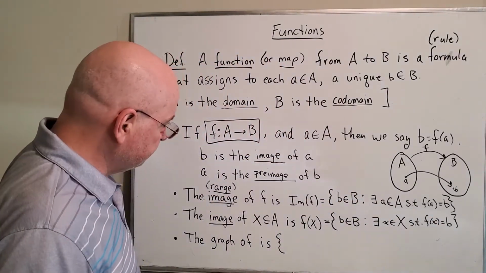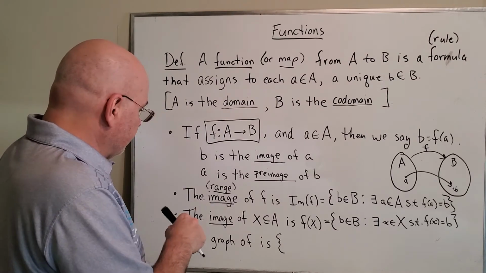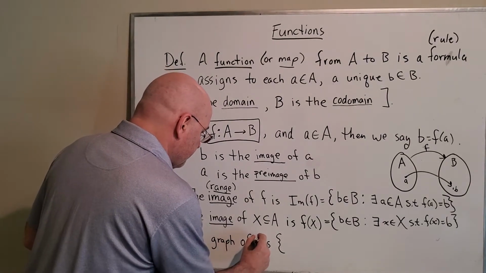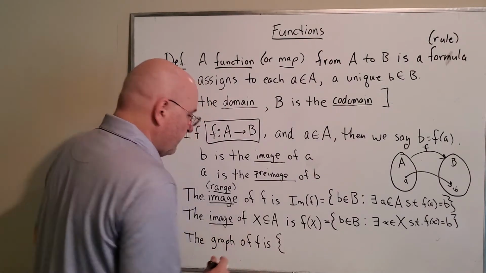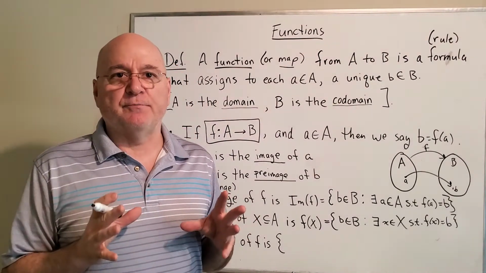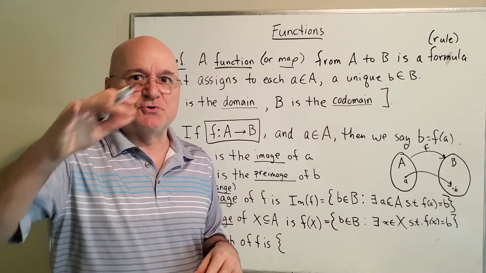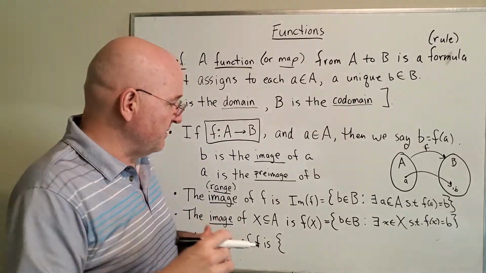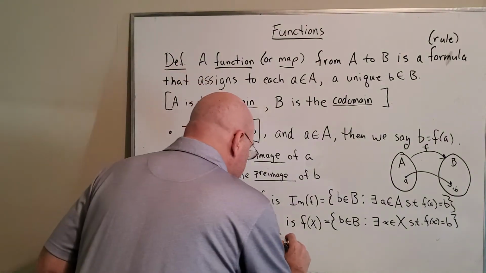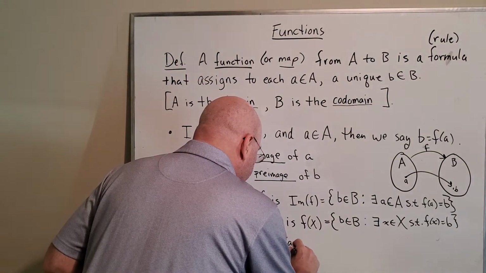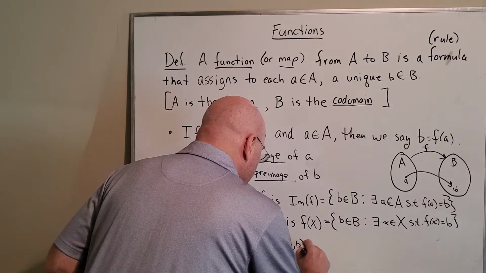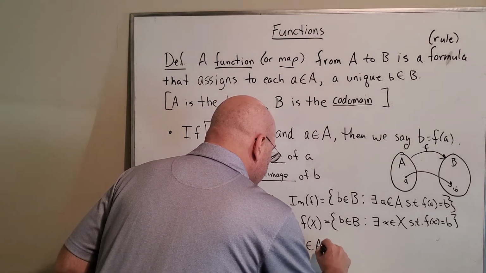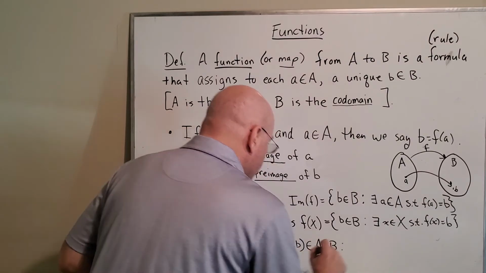And the last one, the graph of f is just a set of all of the ordered pairs on the graph. When we actually draw the graph, that's a pictorial representation of all of the ordered pairs. So the graph is actually all of the ordered pairs. Remember what this means?